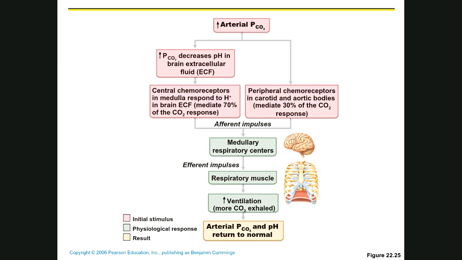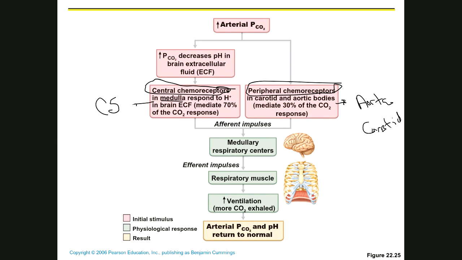So these are in those large blood vessels, the same place where the baroreceptors are, in the aorta and in the carotids. But we also have receptors in the brain itself. So they're called central chemoreceptors, and they're monitoring the cerebrospinal fluid.